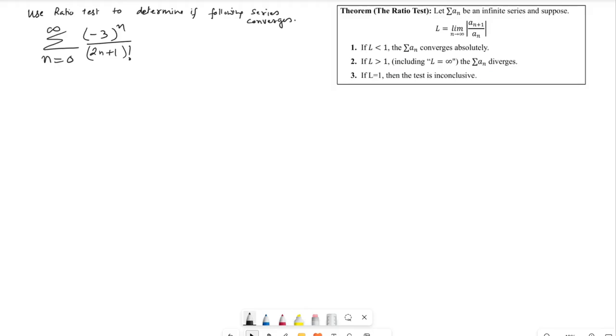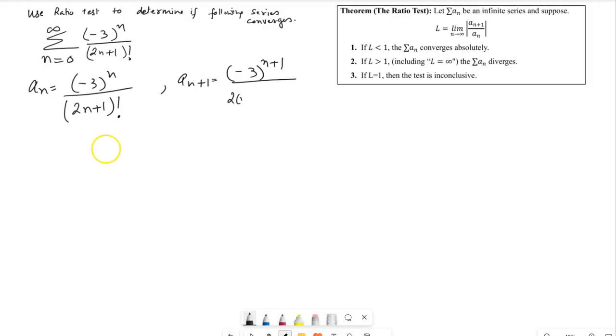Here is another example of the ratio test. In this case, a_n is (negative 3)^n divided by (2n plus 1) factorial. a_(n+1) would be (negative 3)^(n+1) divided by (2 times (n plus 1) plus 1) factorial. That's basically 2n plus 2 plus 1, that's 2n plus 3 factorial.